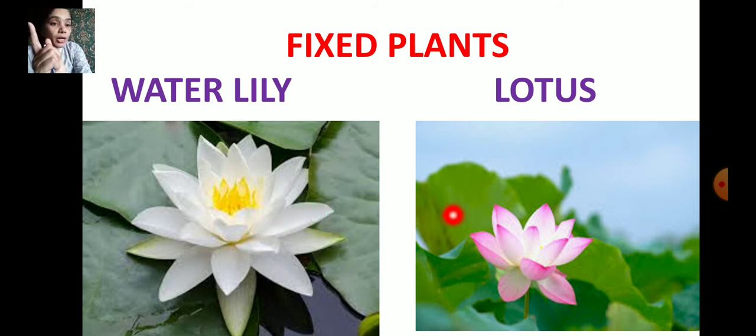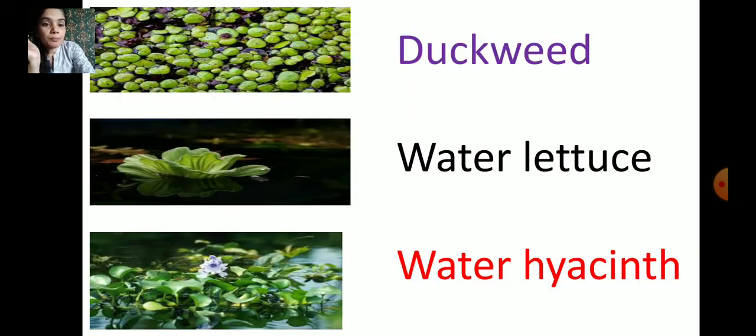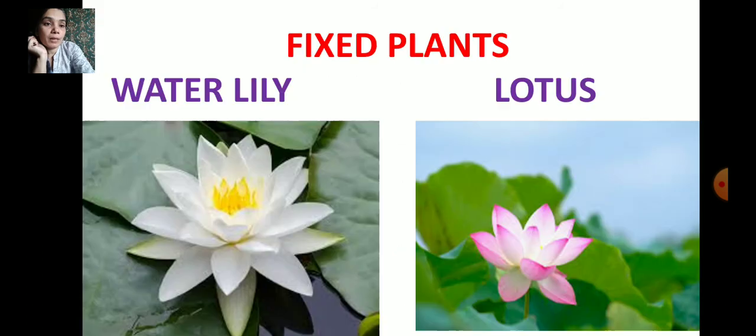These plants have roots fixed at the bottom of ponds and lakes, so they are called fixed plants. But the other plants just float and can move in the water, so they are called floating plants.